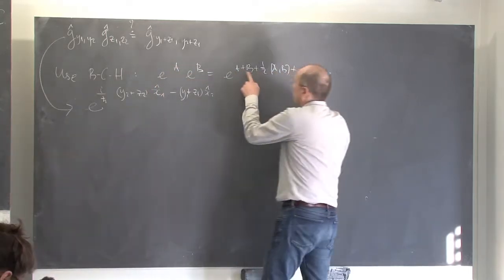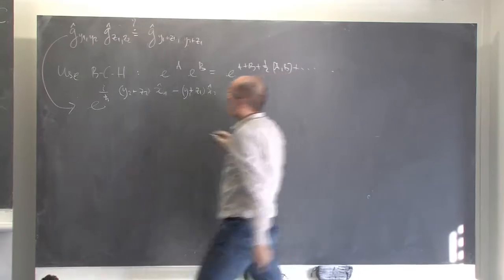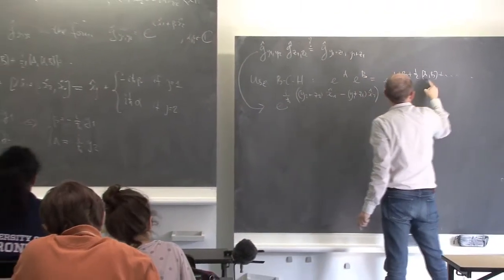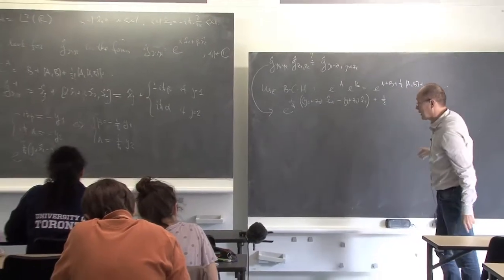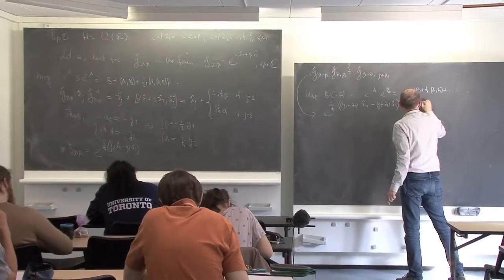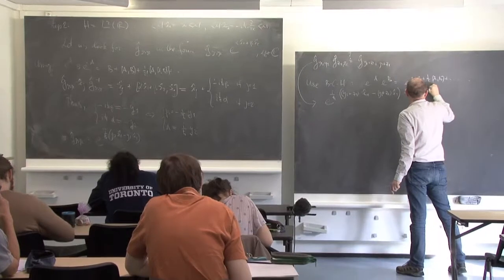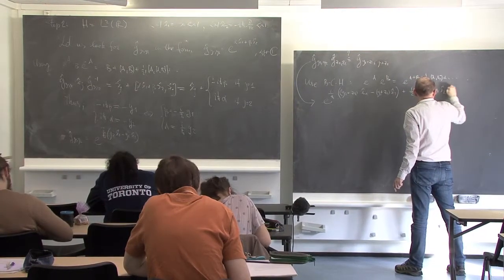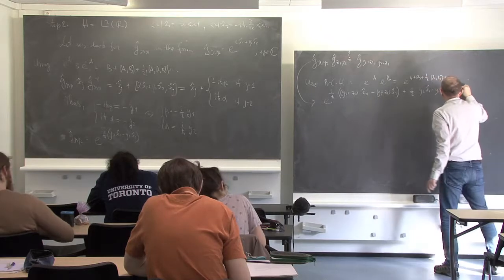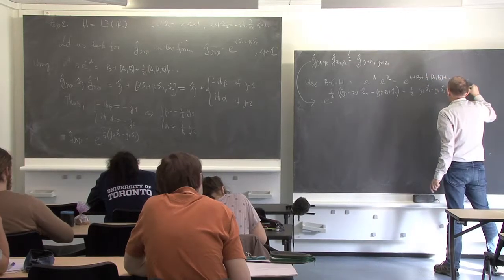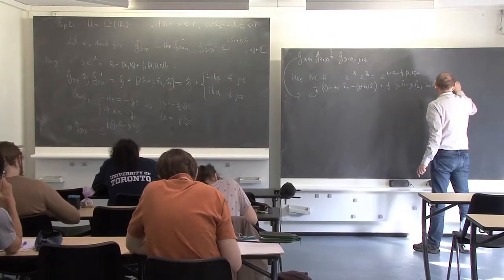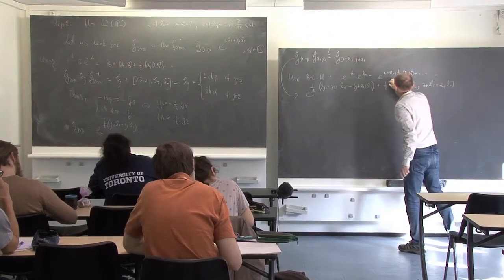So this is the part given by A plus B. And then plus 1/2 the commutator. And then we have to put a commutator (y2 X1 hat minus y1 X2 hat), comma, (z2 X1 hat minus z1 X2 hat), commutator.